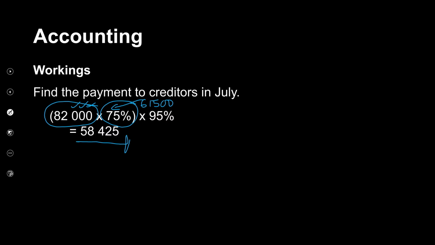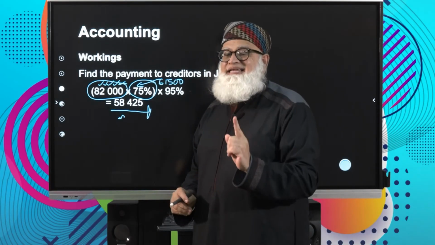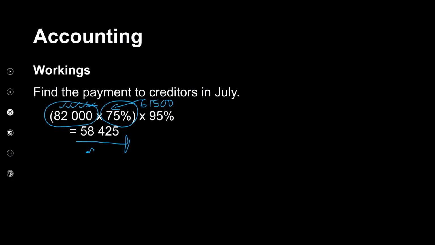So once again, watch what I did. I took my cost of sales component, the 82,000, because that's the amount of goods that I have to buy. I split it up into cash and credit. For this particular calculation, I needed my credit component. Therefore, that was 75%. So I calculated that to be 61,500, and then I'm told that I'm only going to pay 95%. Why am I only going to pay 95%?